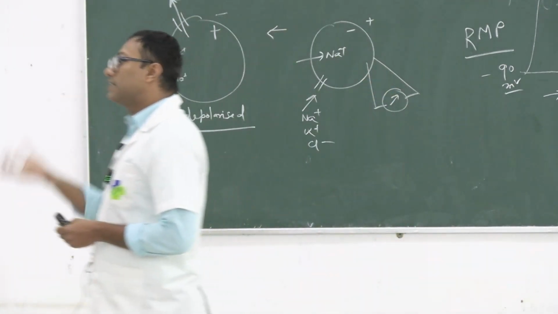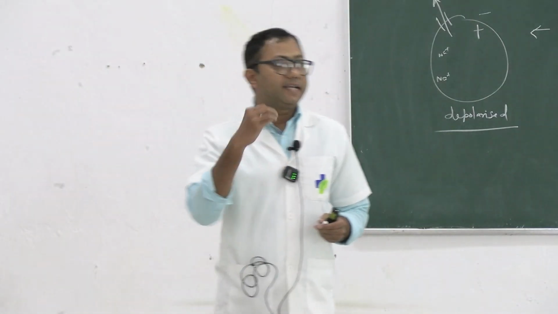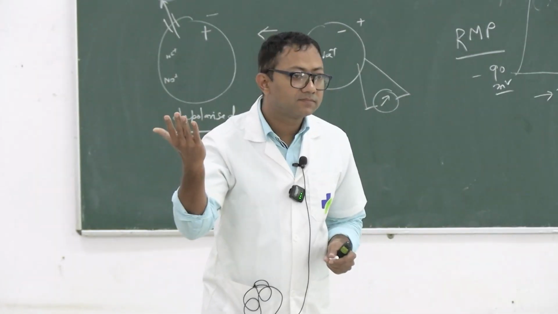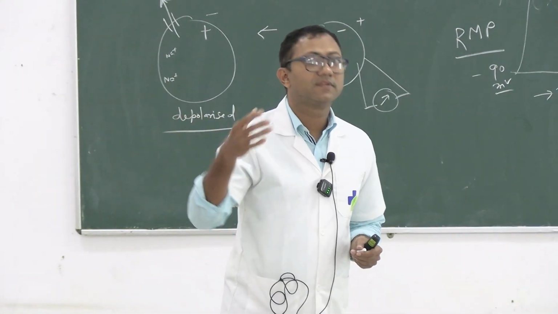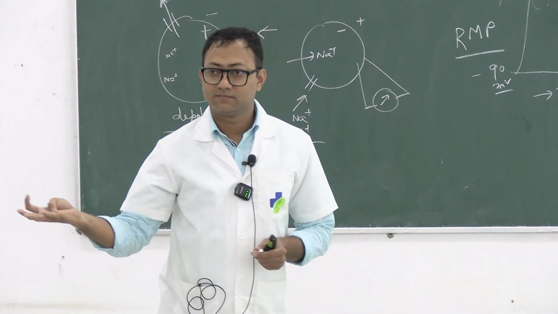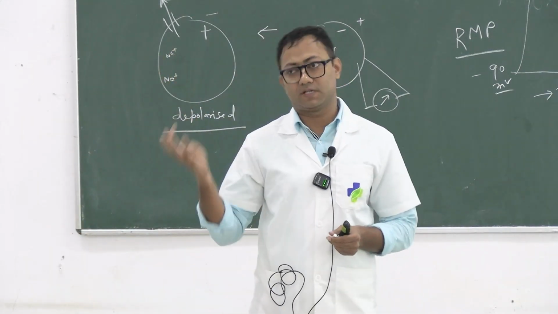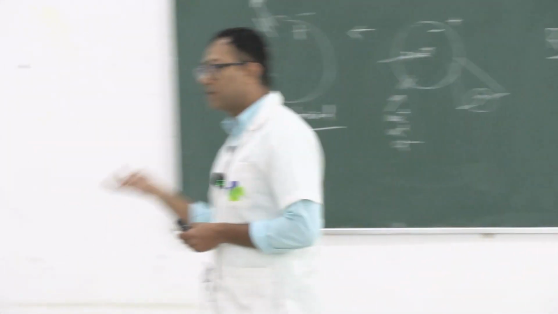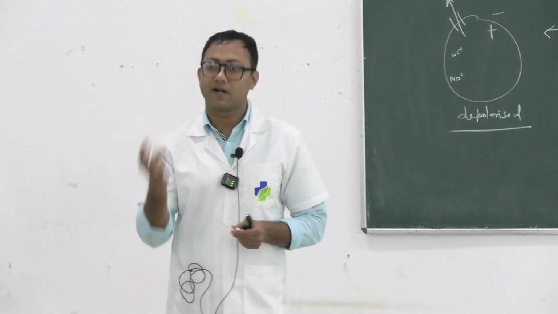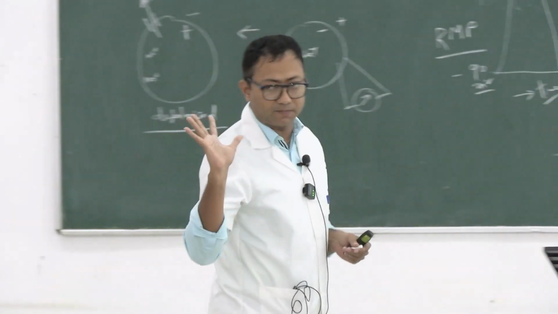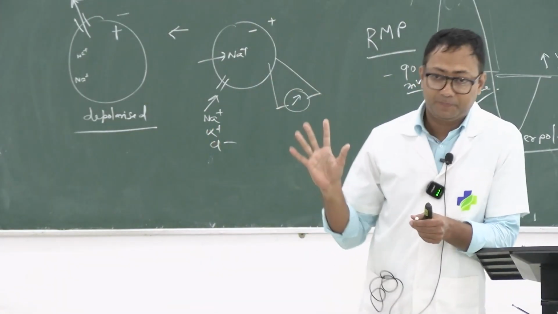So, all cells are not excitable. Examples of excitable cells are neuron and muscle. Most important, neurons and muscles are excitable cells, and under muscles you have the smooth muscle, skeletal muscle, and cardiac muscles. These are excitable cells, right?